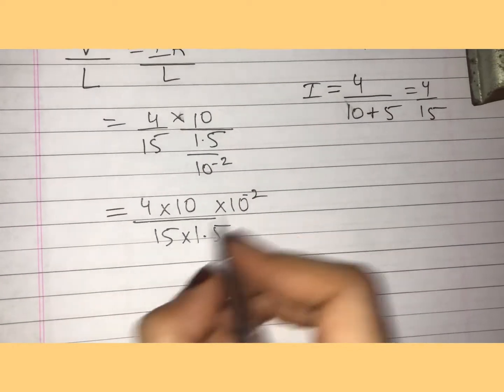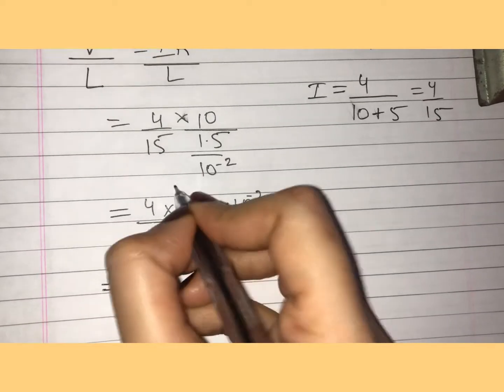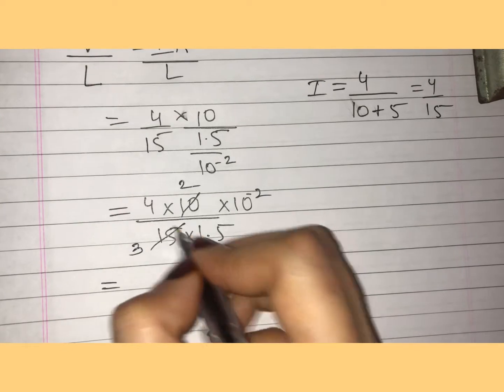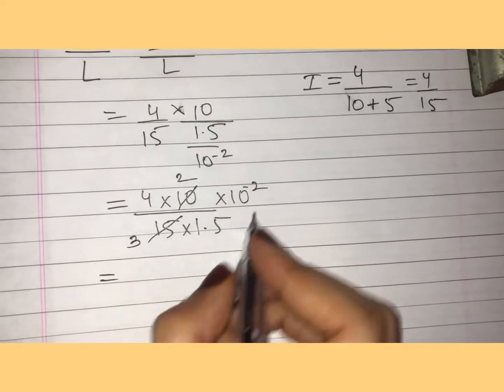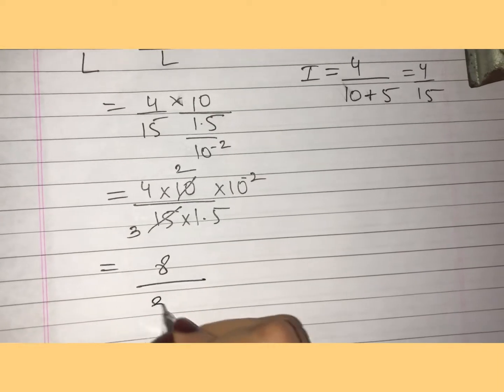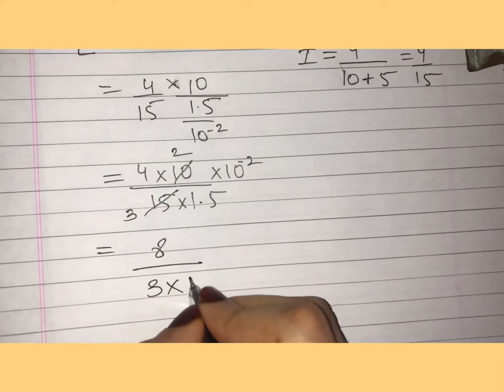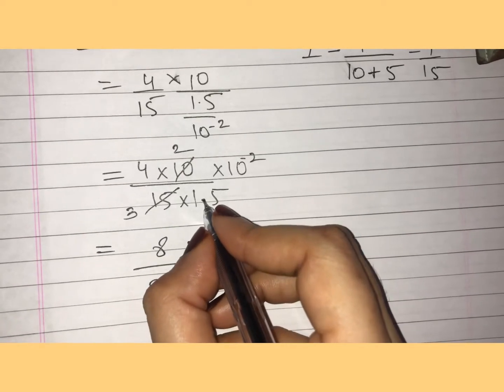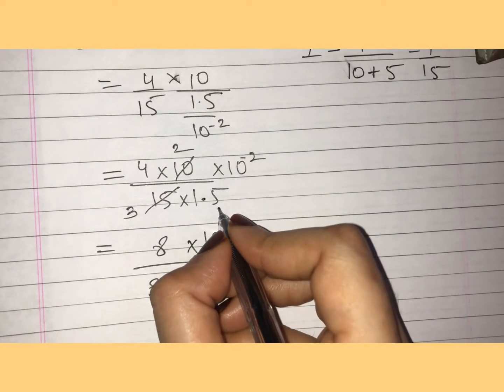Now, 5 twos are 10, 5 threes are 15, and 4 twos are 8 upon 3. You can make it 15 and write 10 in the numerator because after the point we have just one digit.